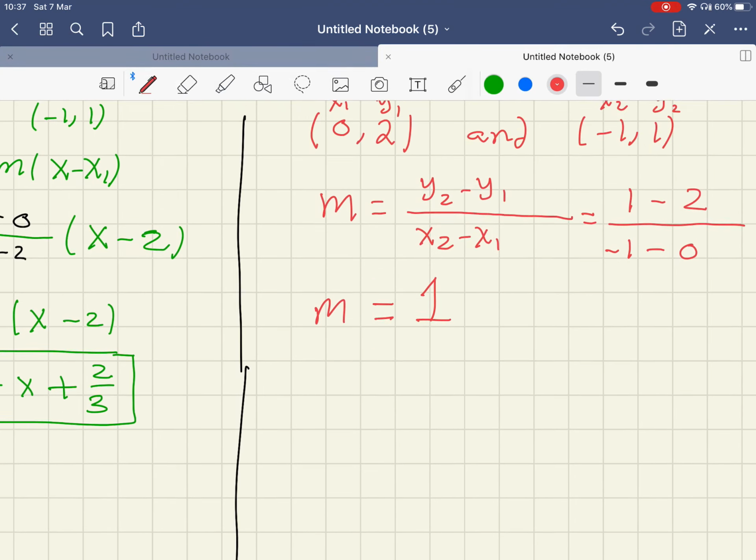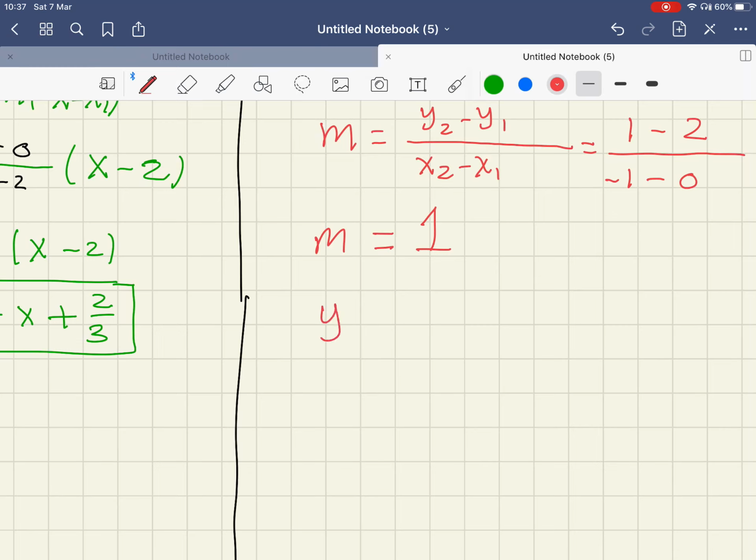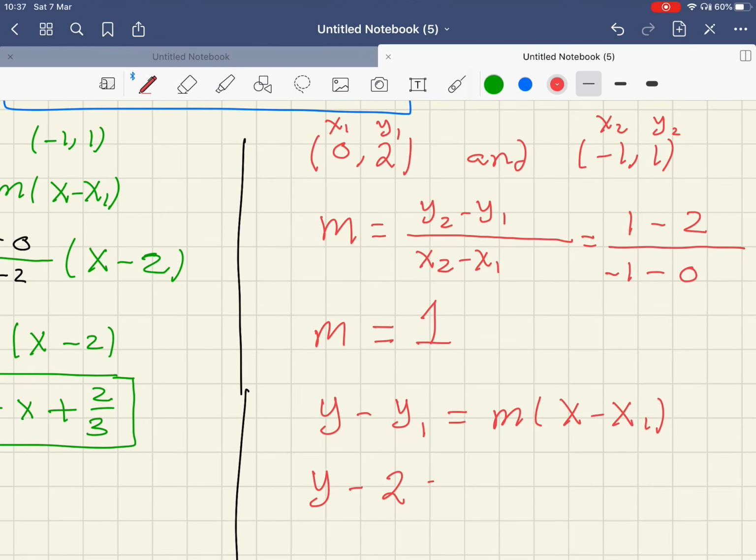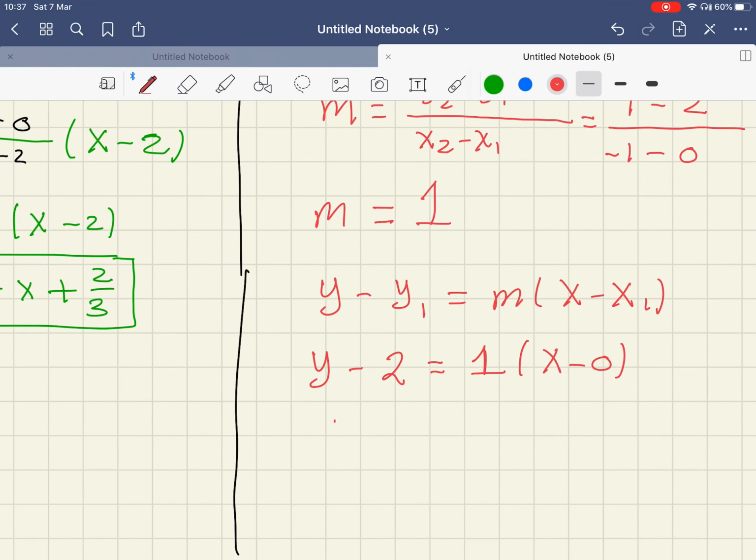So finally, we have y minus y1 equals m times (x minus x1). So it is y minus 2 equals 1 times (x minus 0). So this will be just y minus 2 on the left side, and the right side simplifies to x.